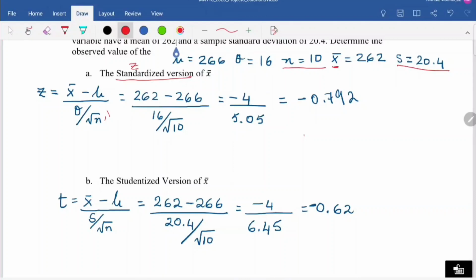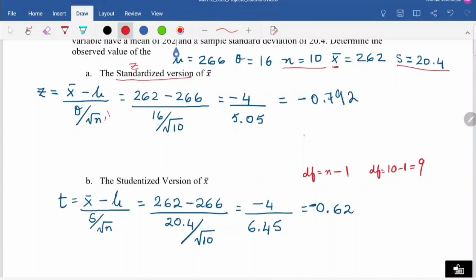What would be our DF for this particular T value? DF for one population mean goes with the formula n minus 1. So DF equals n minus 1. In this case, our DF would be 10 minus 1 equals 9.